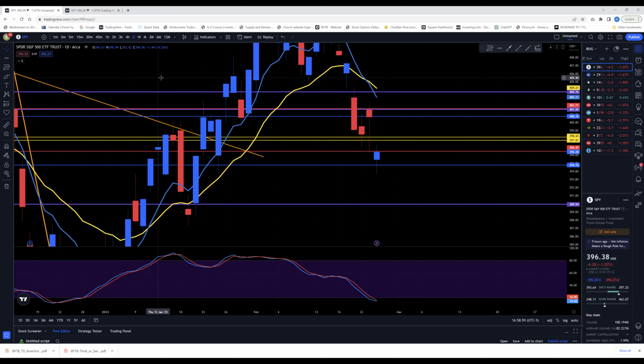The ORB is just the first 15 minutes of the opening bell. So you got 3 candles: 9:30 to 9:35, 9:35 to 9:40, and then 9:40 to 9:45. Within those 3 candles, that's how you'll find the top and the bottom of what we call the open range.